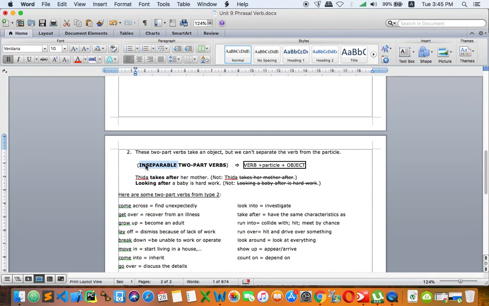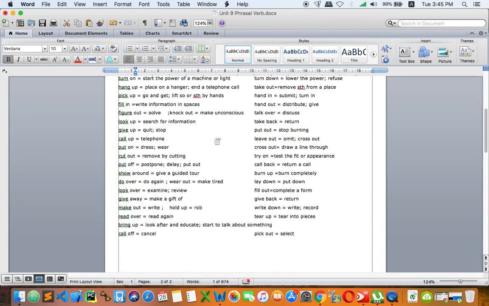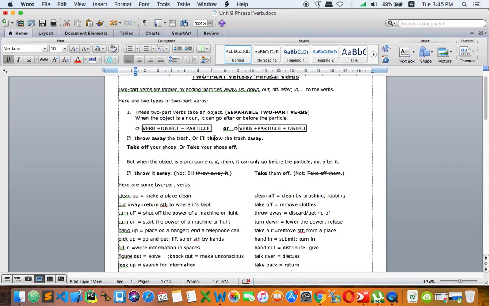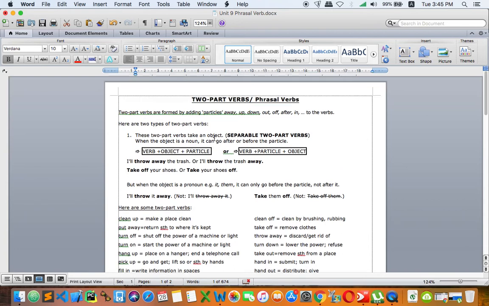This is our lesson today, but I also need to explain what a separable phrasal verb is. So before we go to inseparable or separable, let's understand a little bit about what it is exactly. Two-part verbs, or phrasal verbs, are formed by adding particles. A particle can be away, up, down, out, off, after, in, and so on and so forth, added to the verbs.